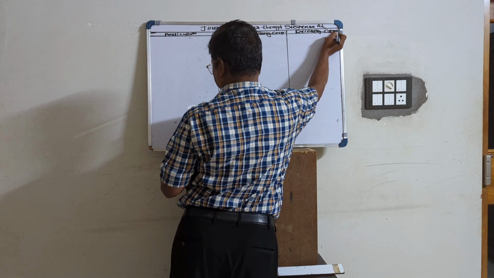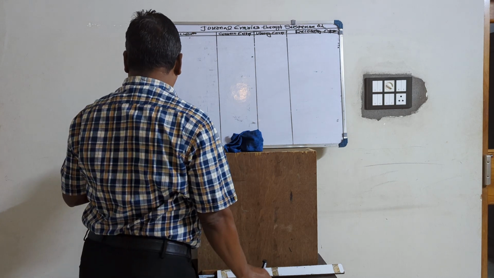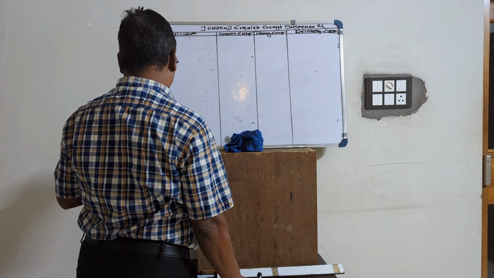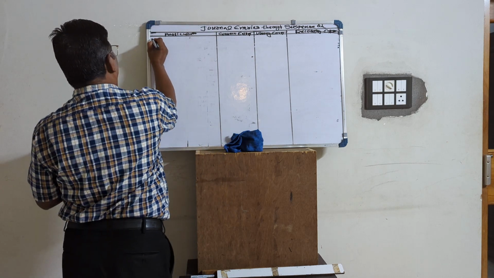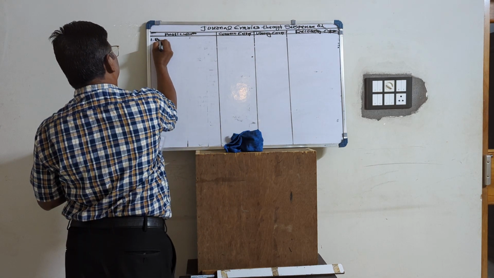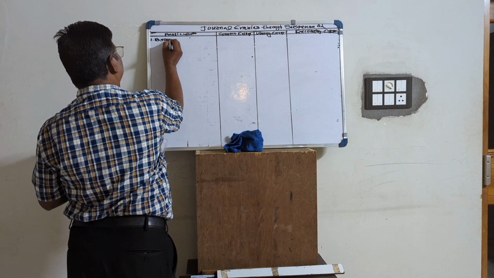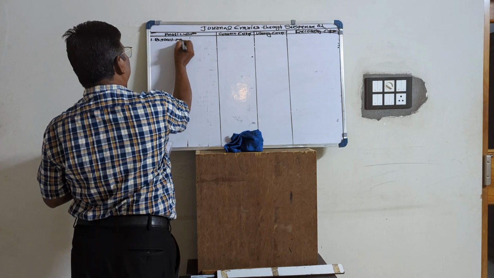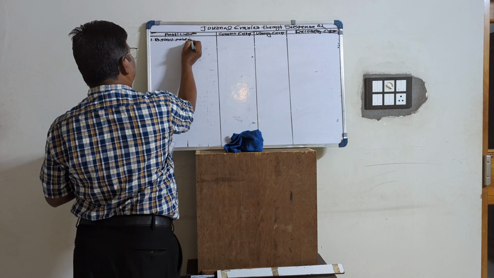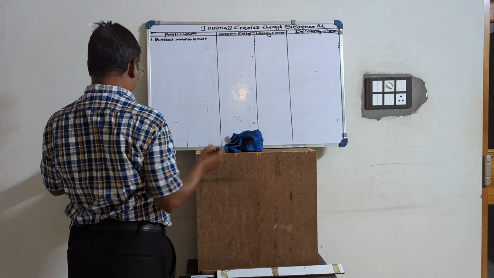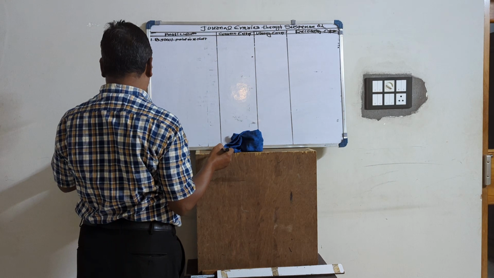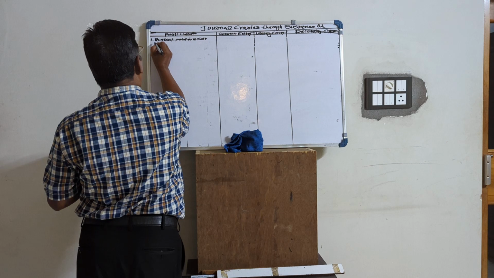So first is rupees 5,000 paid to Mohit. When we are paying, first rupees 5,000 paid to Mohit were entered in the cash book but omitted to post in the ledger.